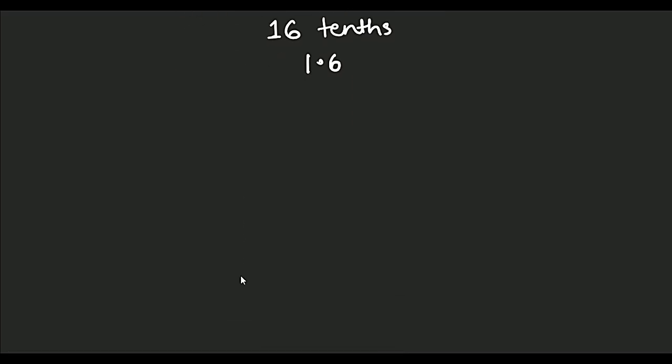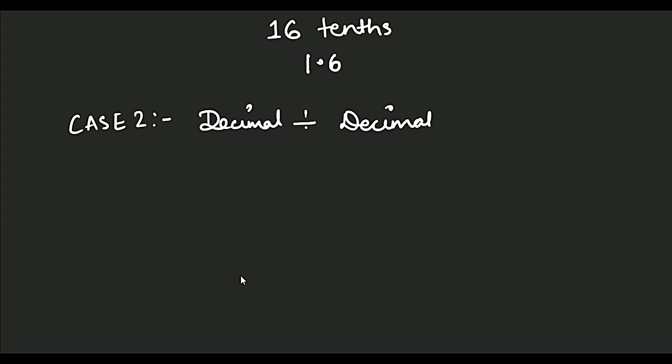Now case two. Case two is to divide a decimal number by a decimal number, which is the main lesson of this video. Now this is my divisor. I've got my divisor as a decimal, and as the rule says, first you have to convert your divisor into a whole number.